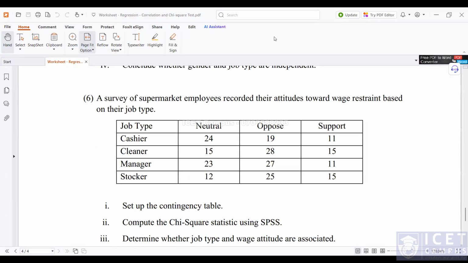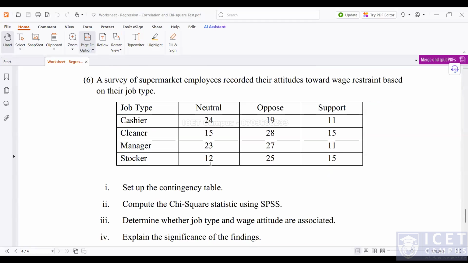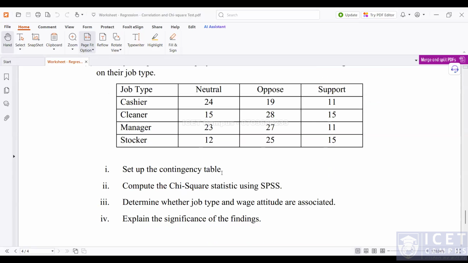A survey of supermarket employees recorded their attitudes towards weight restraint based on their job type: neutral, oppose, support; cashier, cleaner, manager, stocker. Set up a contingency table, compute the chi-square statistics using SPSS, determine whether the job type was associated, and explain the significance of the findings.